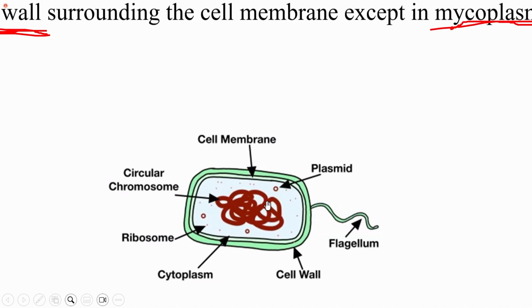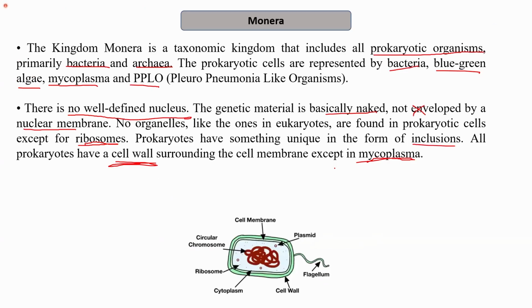We have naked DNA, which is present in the form of a circular chromosome. We have cellular appendages like flagellum that provide motility to the organism. Then we have certain extra chromosomal material, which is the plasmid. Plasmid also confers some resistance to the bacteria.